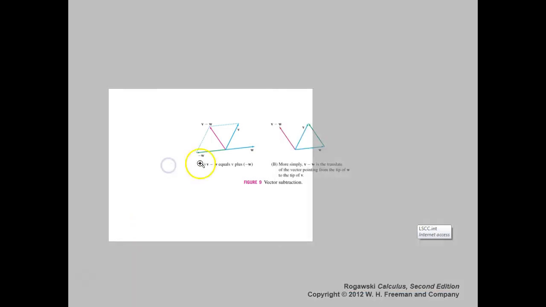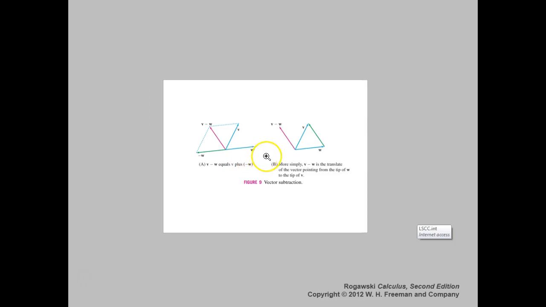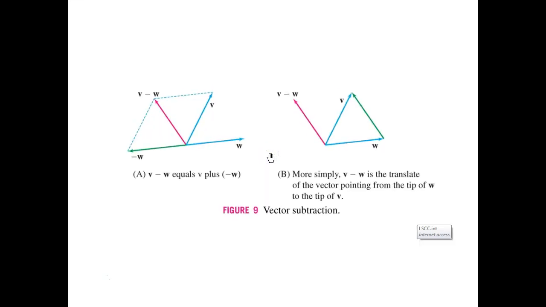Now, this figure here moves into vector subtraction. It's why I wanted to do that other part first. To start with, what if you are given vector v and you want to subtract from that vector w?